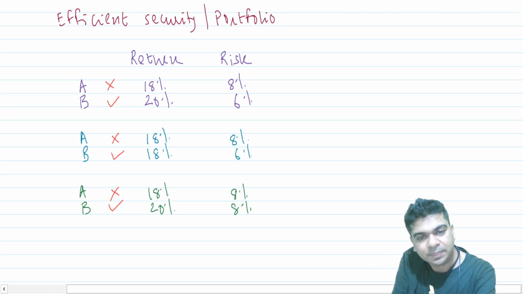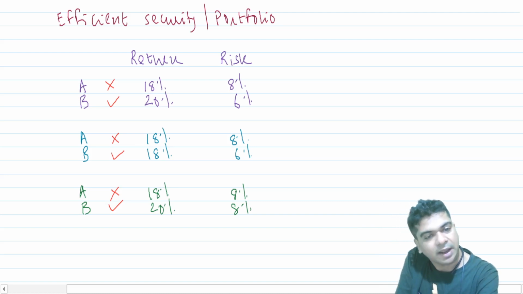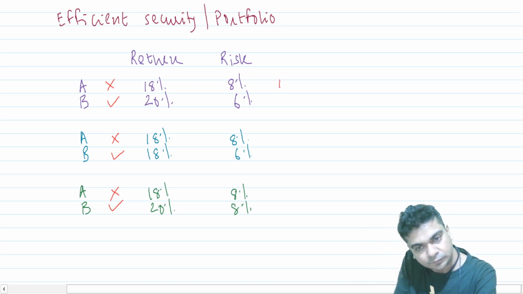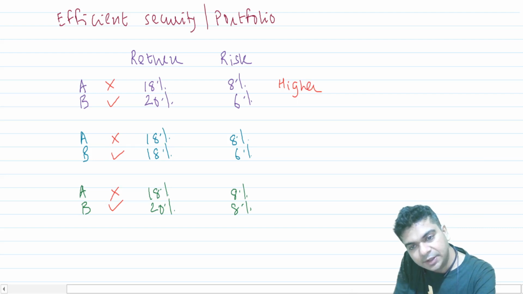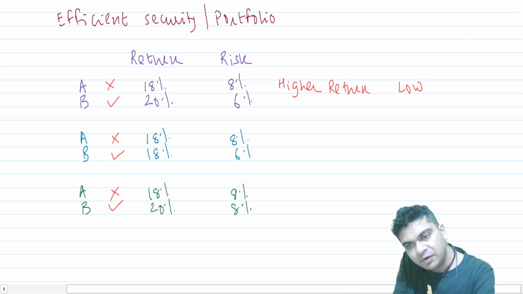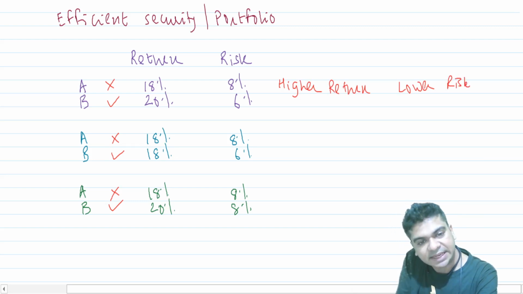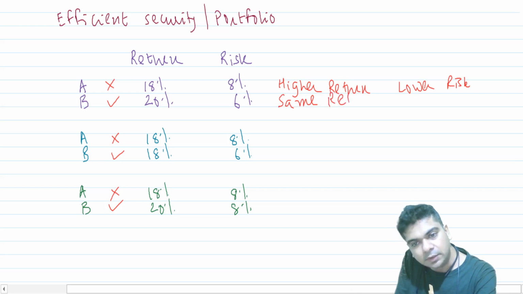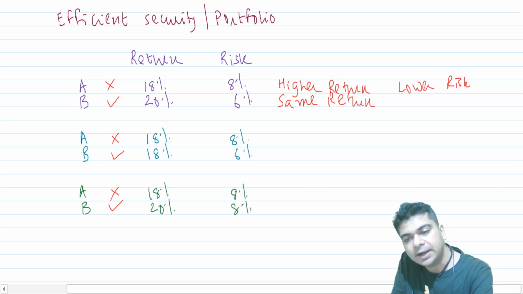As I said, the first possibility is where there is higher return but at lower risk. In the second situation, you are getting same return at lower risk.